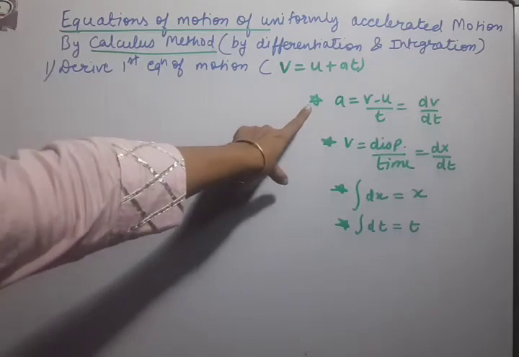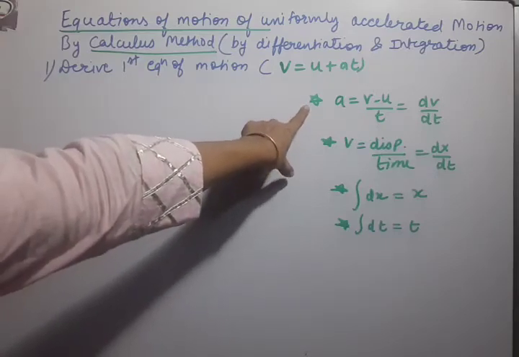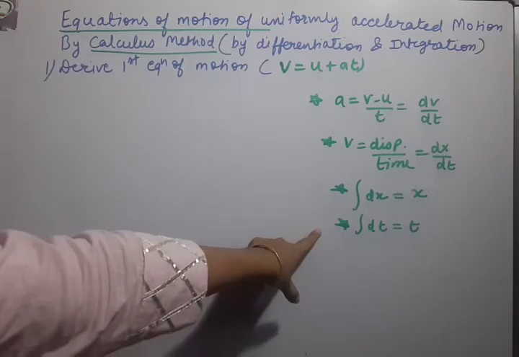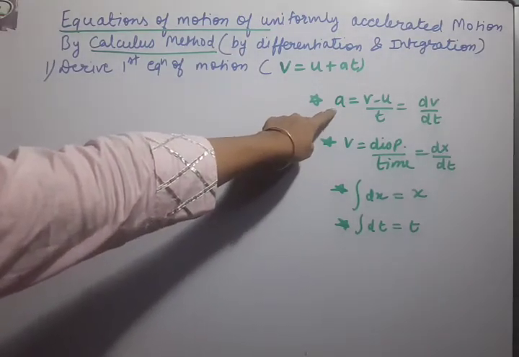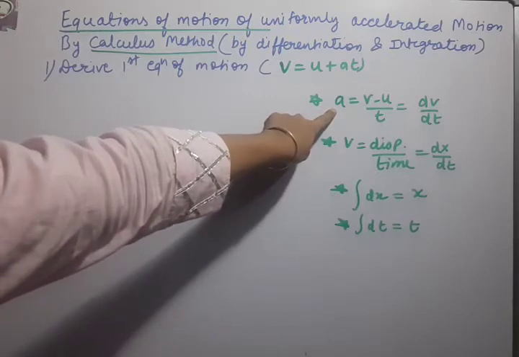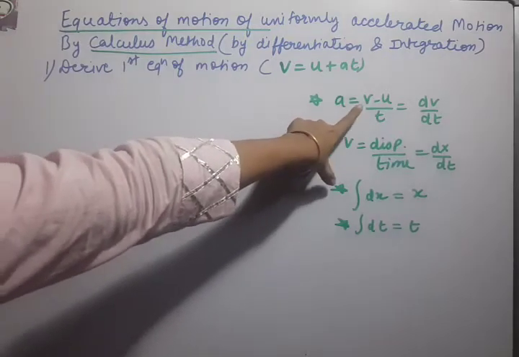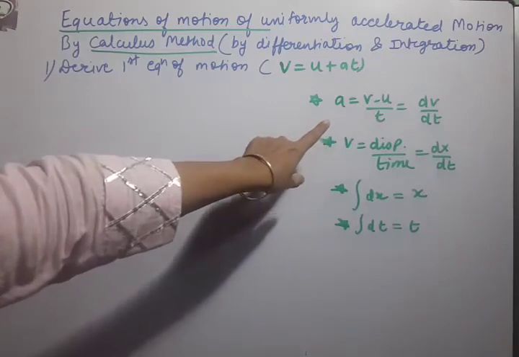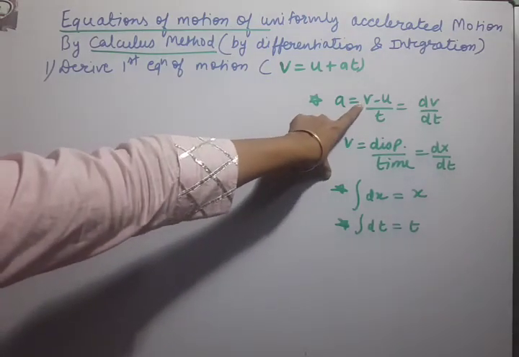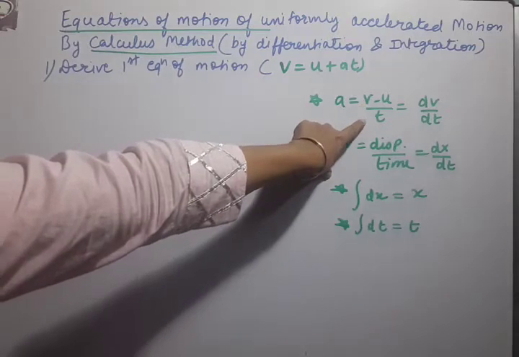So you need some formulas here that are listed. First of all, the acceleration formula we use as what? V minus u upon t. Okay. Now the meaning is change in velocity with respect to time.